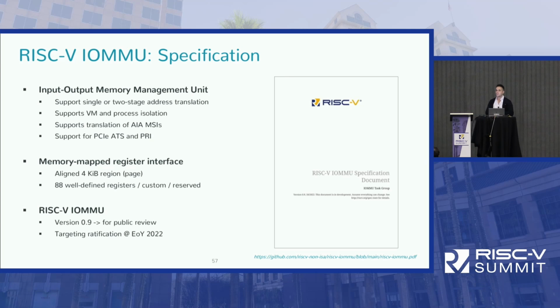Over the last year, they developed the IOMMU specification. It progressed quite well. In one year, they reached an almost stable version of this specification. It is now at version 0.9, in public review, and targeting ratification by the end of the year.